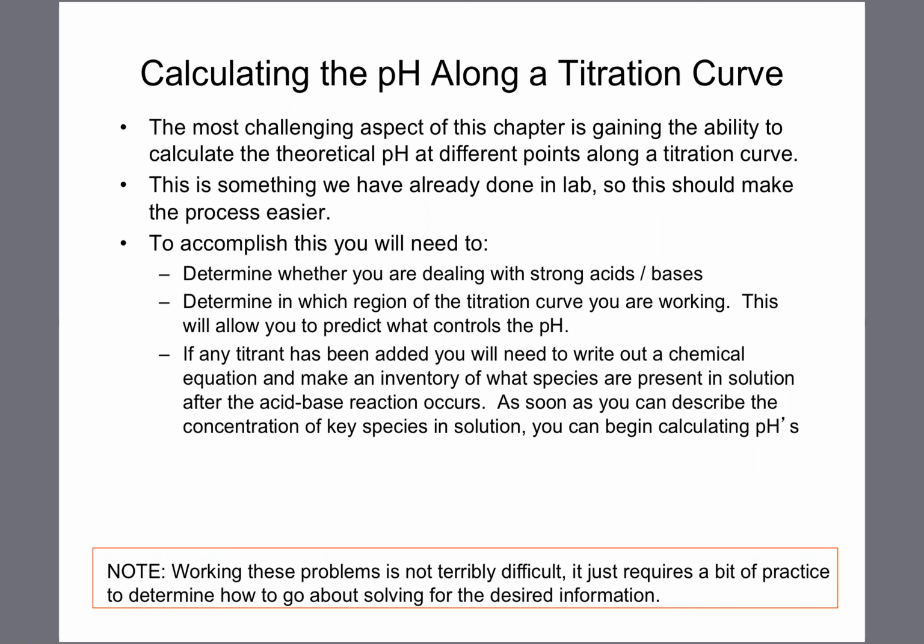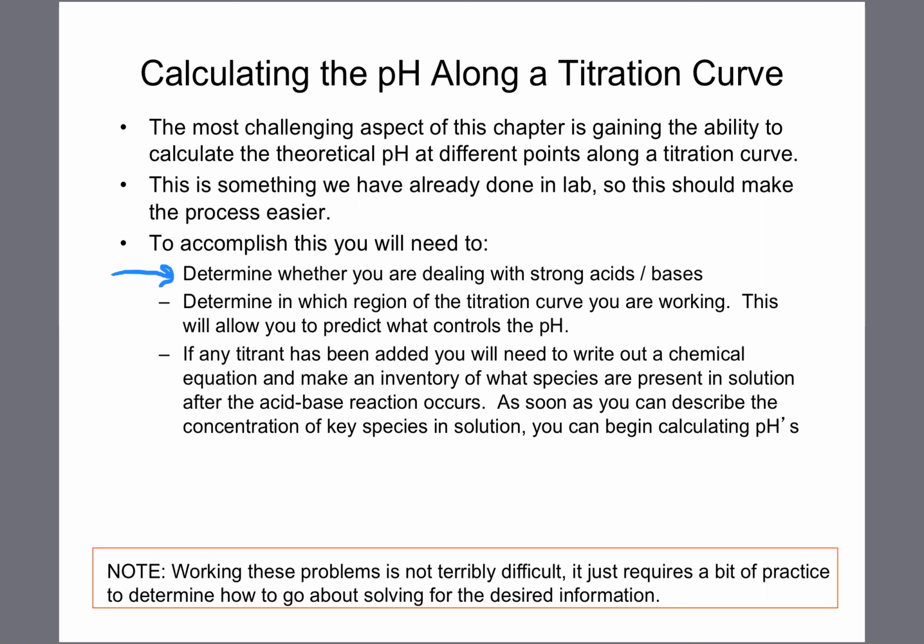Now, the thing is that each individual type of titration curve gets handled in a slightly different way. And we're going to have to kind of develop a chemical intuition to help us out. Now, the first question that you have to answer is this one. When you're faced with the problem, you want to compute points along the titration curve, you have to know, is this a strong acid, strong base titration?